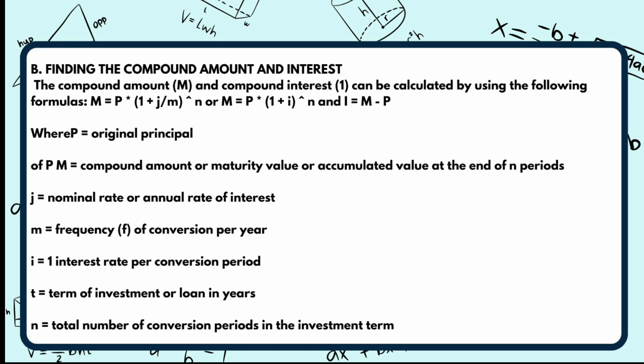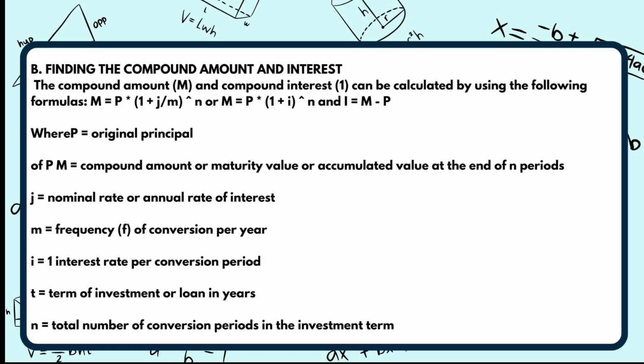So, ito yung bilang ng mga conversion period ng investment o loan sa isang taon. Tinutukoy ito ng M. Halimbawa, monthly, M is equal to 12. Again, ibig sabihin 12 conversion periods sa isang taon. At quarterly, M is equal to 4. Ibig sabihin 4 conversion periods sa isang taon.